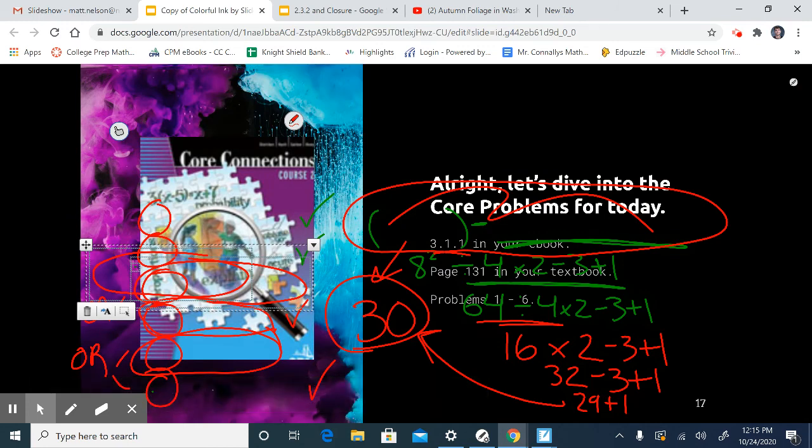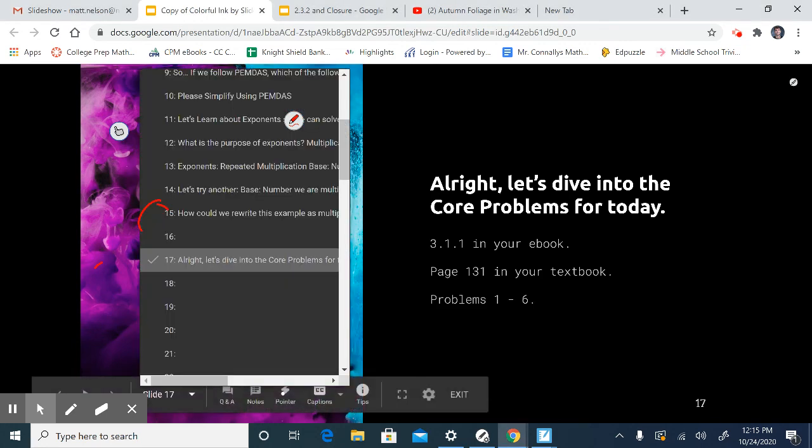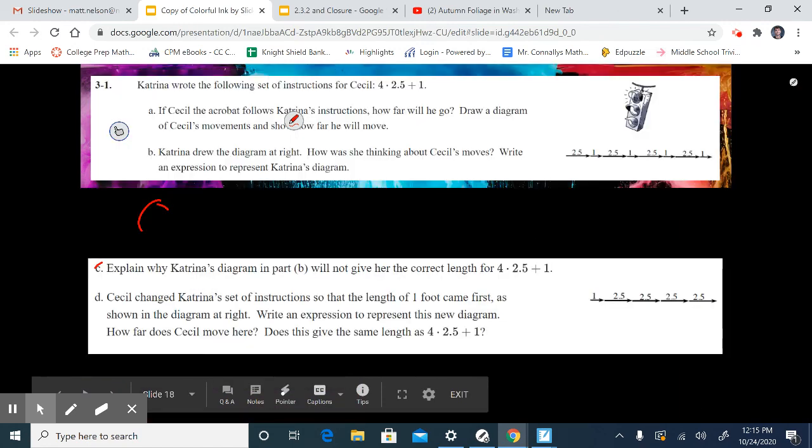So open up your book to 3.1.1, and we're going to go over the core problems together. That is page 131 in your textbook. And there's only 7 problems here, 1 through 6. Actually, 6 problems, I take that back.